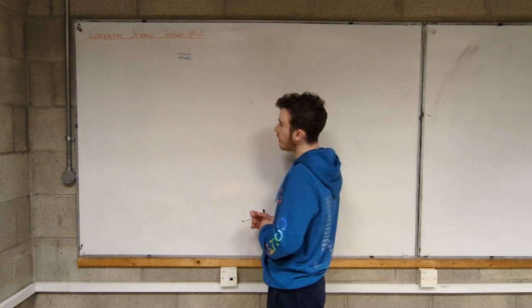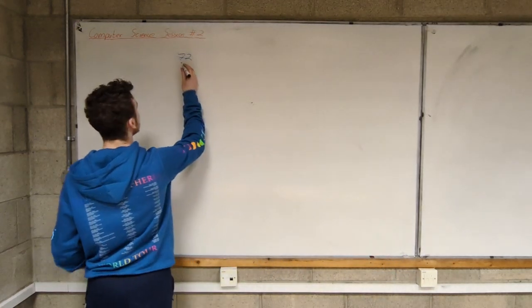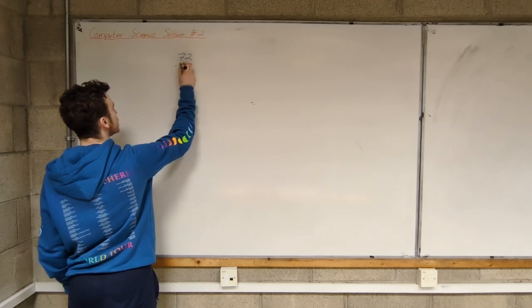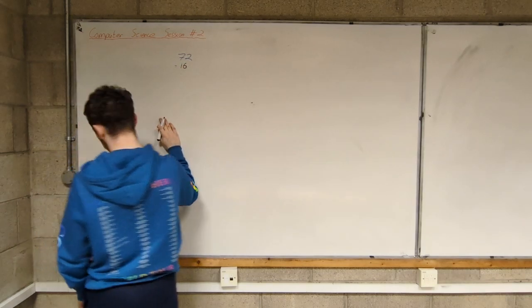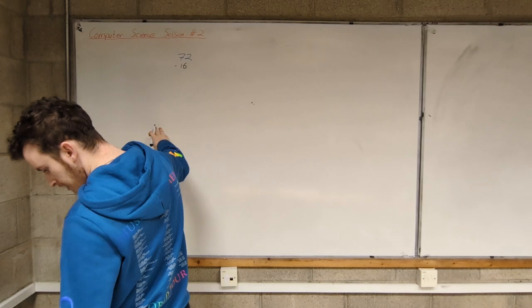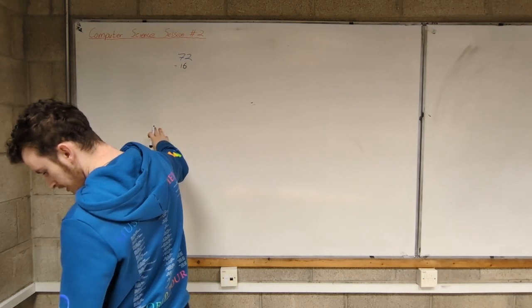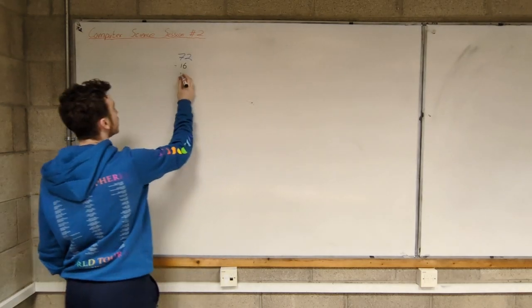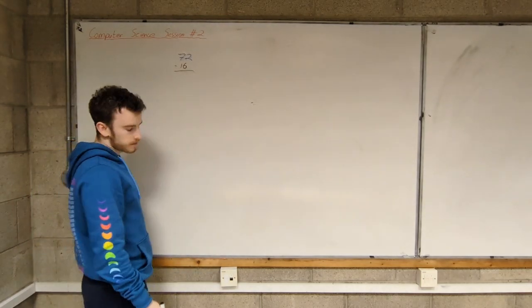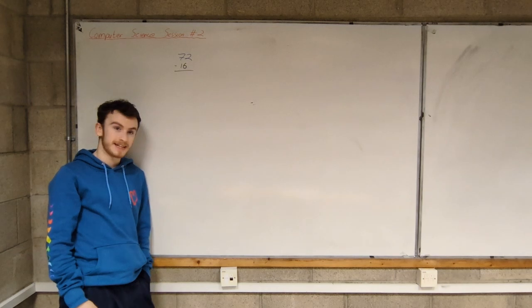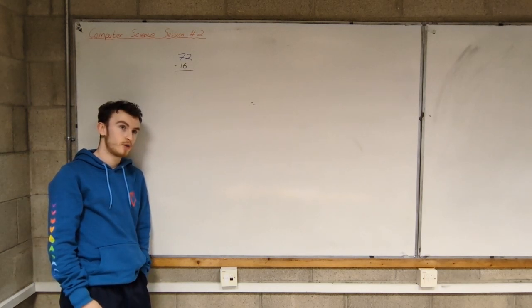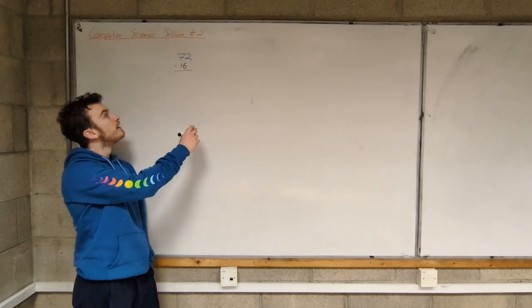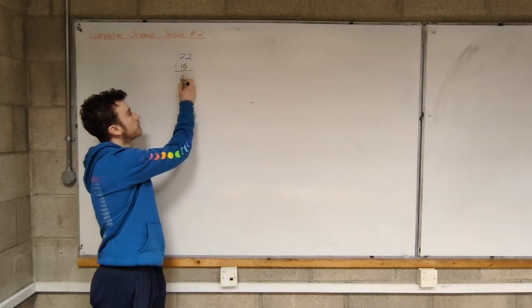So, what we do is we divide 72 by 16. So, 72 divided by 16 goes in, this is the math you're going to have to get good at, 4 times, okay?